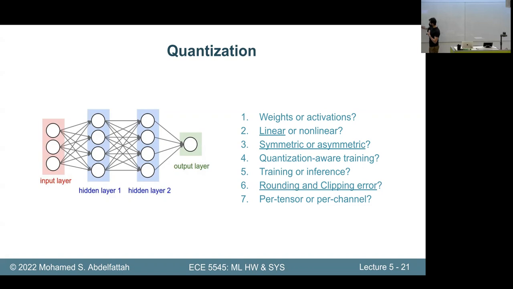Even though you have so many numbers here and you probably want better resolution here, you still have the same scale factor. It's a single scale factor throughout. Logarithmic quantization changes that scale factor based on where you are. So it usually works well for something that looks like this, where you need a lot of resolution here and then not so much here, so it gets more spaced out. And then there's something called nonlinear rounding, which we'll also talk about, which is a general way of doing this as well.